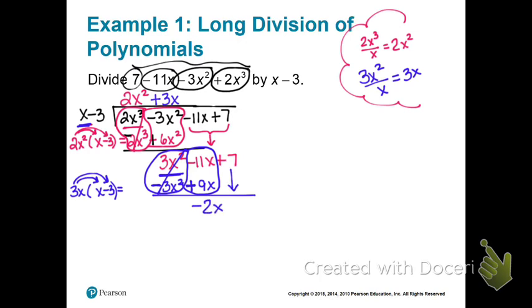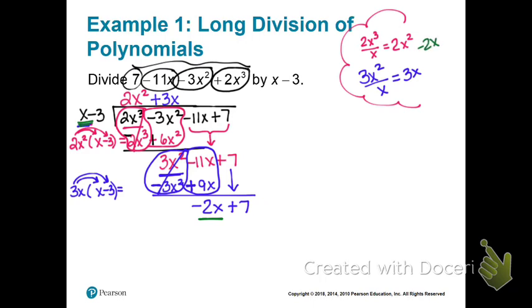And then bring down the rest. The x on the bottom is not smaller than the x on the outside, so we're going to keep going. They're the same type of x, that means this is our last time. So let's repeat. So negative 2x divided by x.